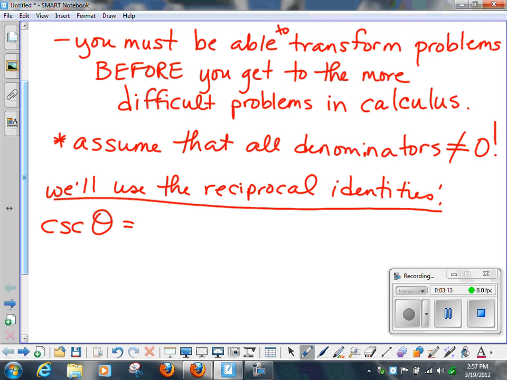You'll know it as soon as I say it. 1 over sine. Okay? All right, so cosecant of theta is equal to 1 over sine theta, right? And then that means secant of theta is equal to what? Secant of theta is equal to 1 over cosine theta. Okay?